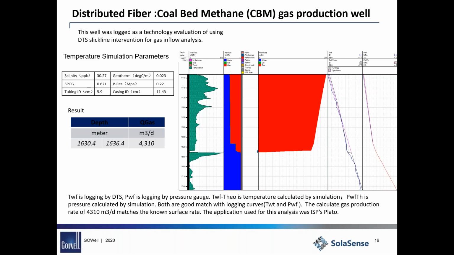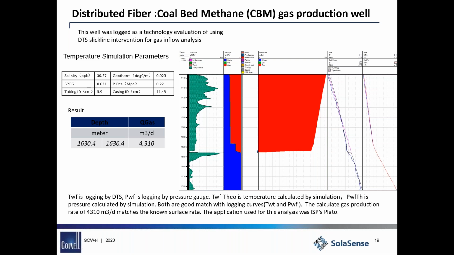But fiber distributed measurements can be quite quantitative as well. And this is an example where we're using the temperature in the distributed fiber through an application. This particular example is from ISP's Plato application, where if we already have the properties of the fluids involved, then we can translate those thermal changes into rates.